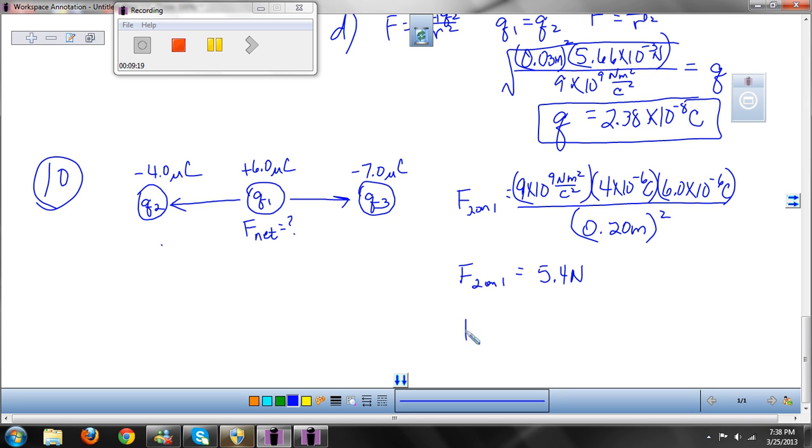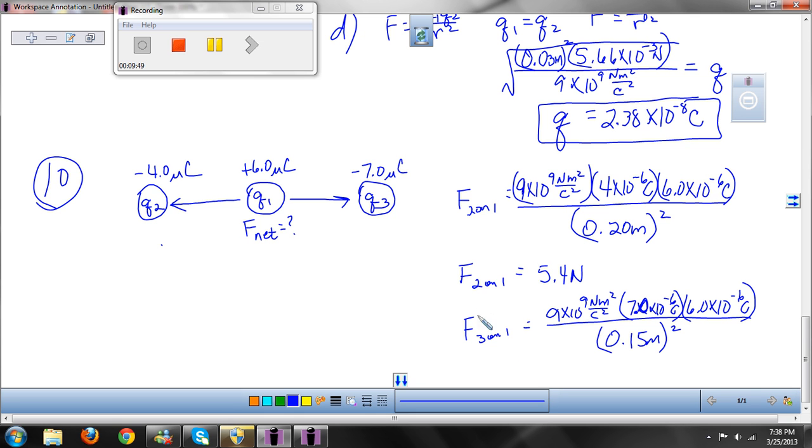And then I had to find the force of 3 on 1. So 9 times 10 to the 9th again. And Q3 was 7.0 times 10 to the minus 6 coulombs, times 6.0 times 10 to the minus 6 coulombs, all over 0.15 meters. Don't forget to square it.